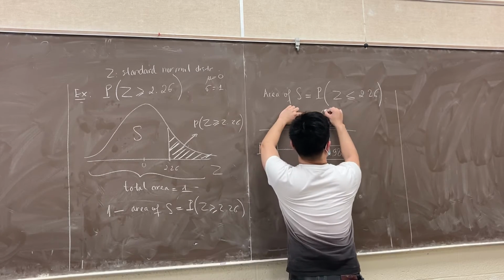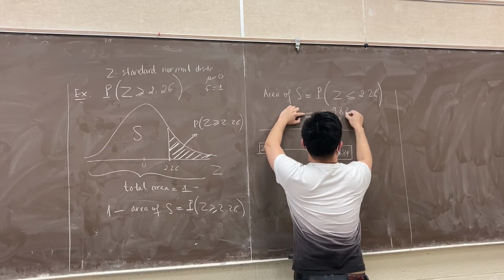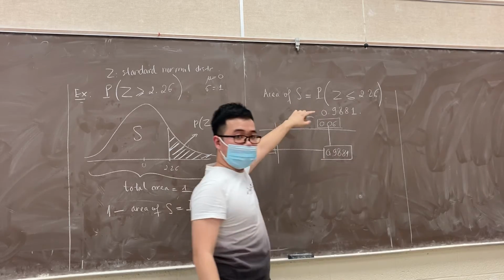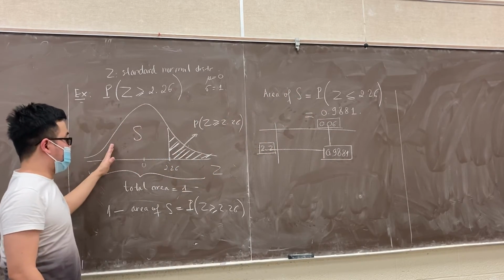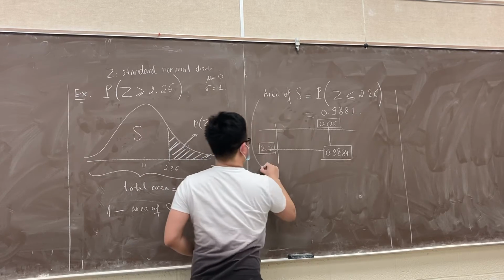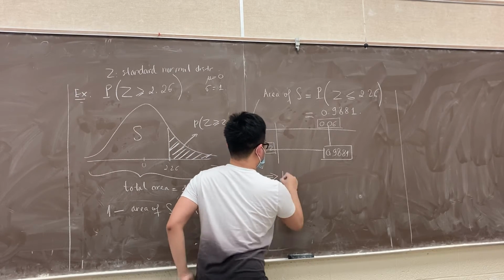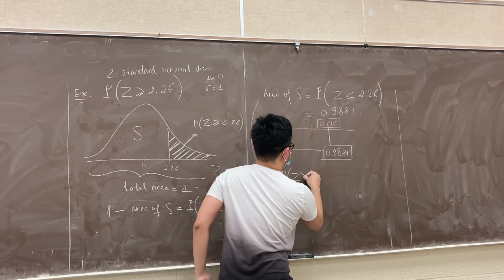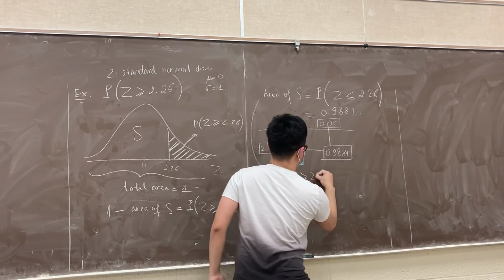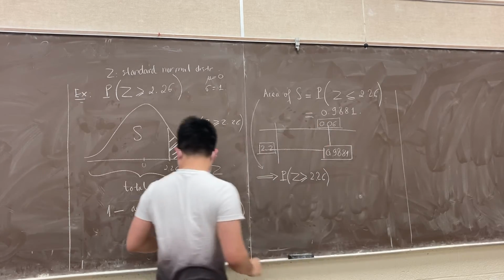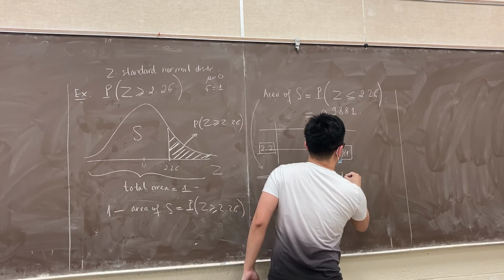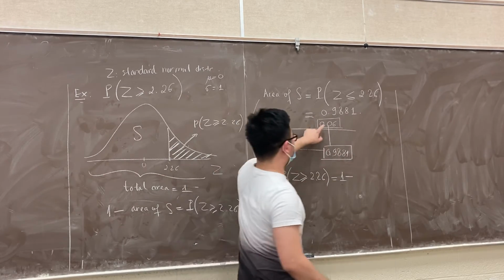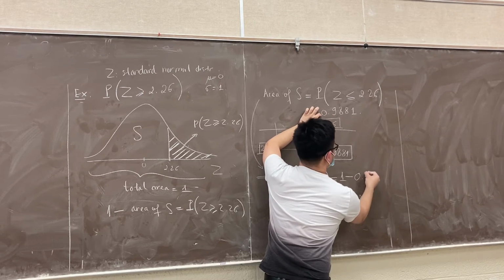So it is 0.9881. So we have the area of S here. So that implies the probability of Z greater than this number. We use these properties: 1 minus this value.